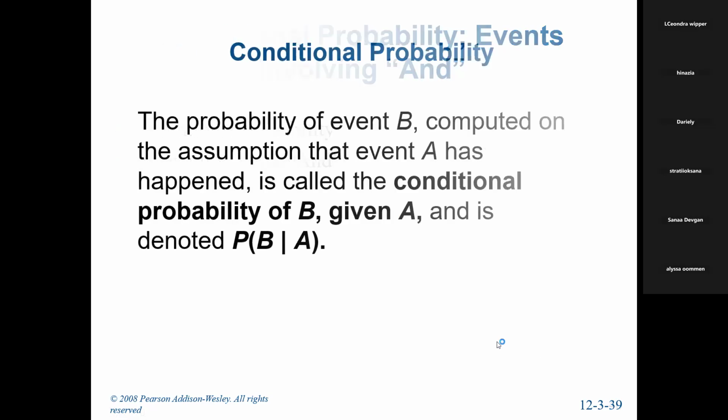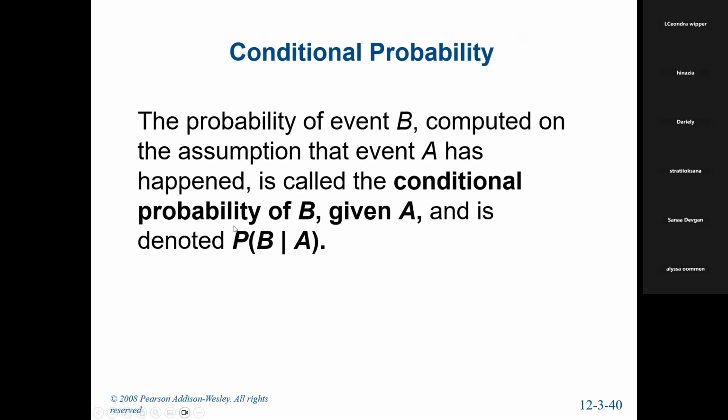Okay. Now, conditional, you see the word condition, okay? The probability of event B computed on the assumption that event A has happened is called the conditional probability of B given A, okay?